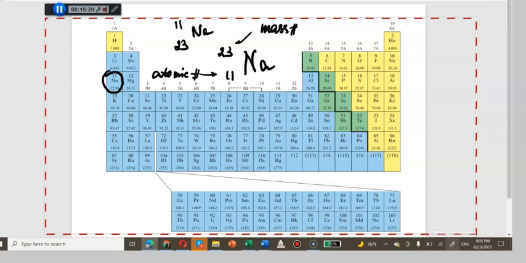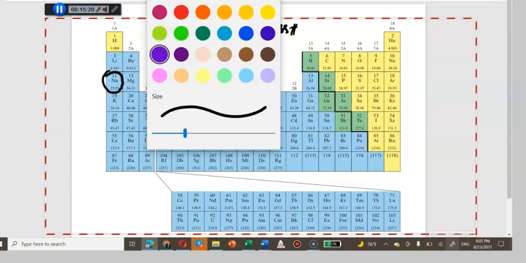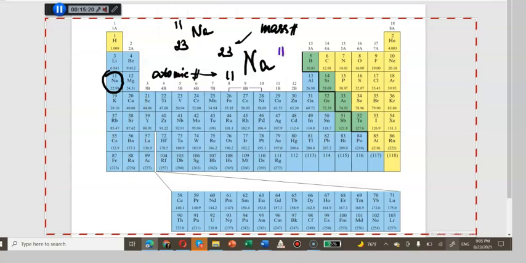So what do we have here? Atomic number is 11. That means that sodium has 11 protons. 23 is the mass number. That means that the number of protons and neutrons equals 23. If we have 11 protons, that means that we have 12 neutrons.